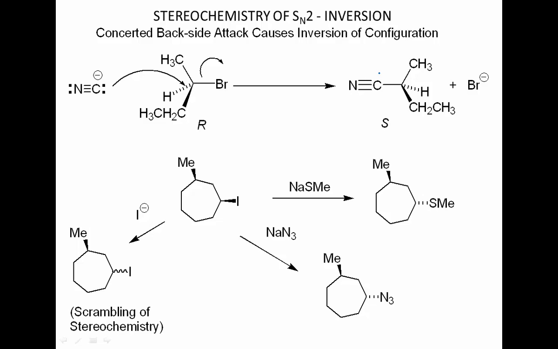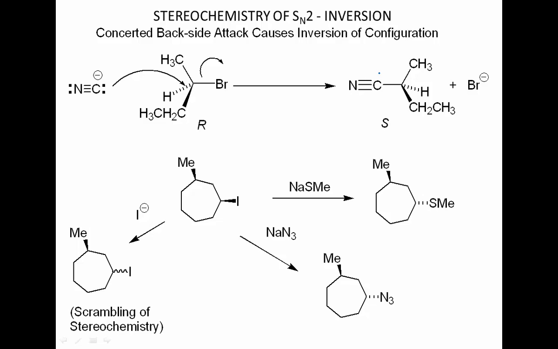In this case here, cyanide is on the left side, whereas bromide was on the right side, and it causes the basic orientation of the ethyl, methyl, and hydrogen to invert, kind of like an umbrella in a windstorm. You can think of that as being an analogy here.